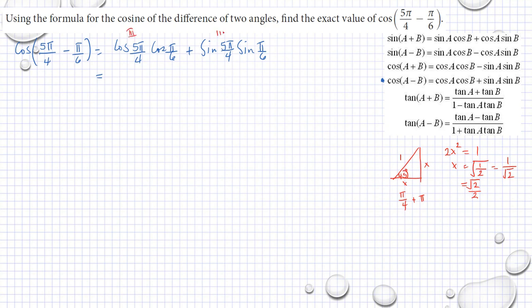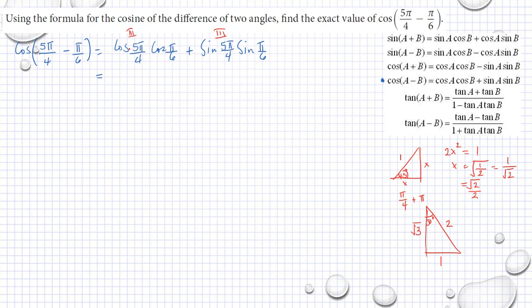Then we also have, if you remember, pi over 6, or 30 degrees. This side is 2, this one is 1, and this is square root of 3. So now we can use both of them.